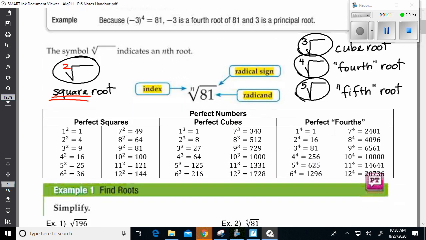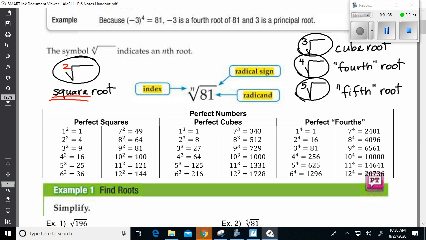Now, listed below are the first 12 perfect squares, first 12 perfect cubes, first 12 perfect fourths. Fourths doesn't have a nice, neat name for it. By all means, the perfect squares you should be able to do off memory. Perfect cubes to a certain point.